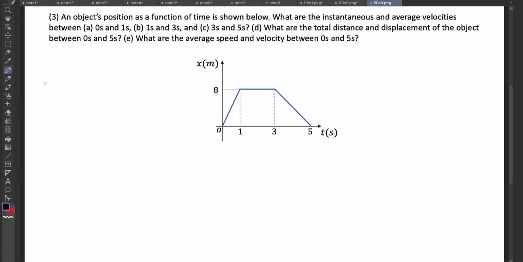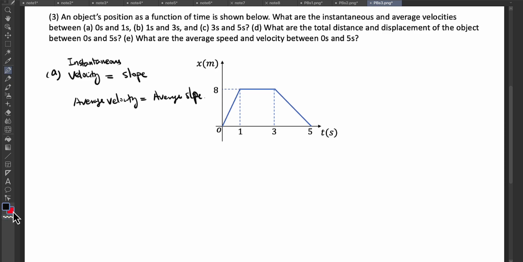Okay, so for question A, the instantaneous and average velocities between 0 and 1 second are actually the same, because instantaneous velocity is the instantaneous slope, and the average velocity is the average slope.